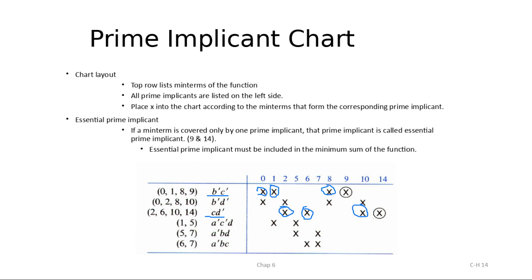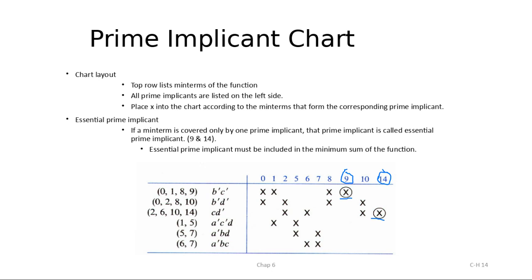Okay, let's say it again. If a min term is covered by only one prime implicant, the min terms are 0, 1, 8, 9, 10, 14, all of these numbers are the min terms, right? If a min term is covered by only one prime implicant, like in this min term and this min term, there is no other.